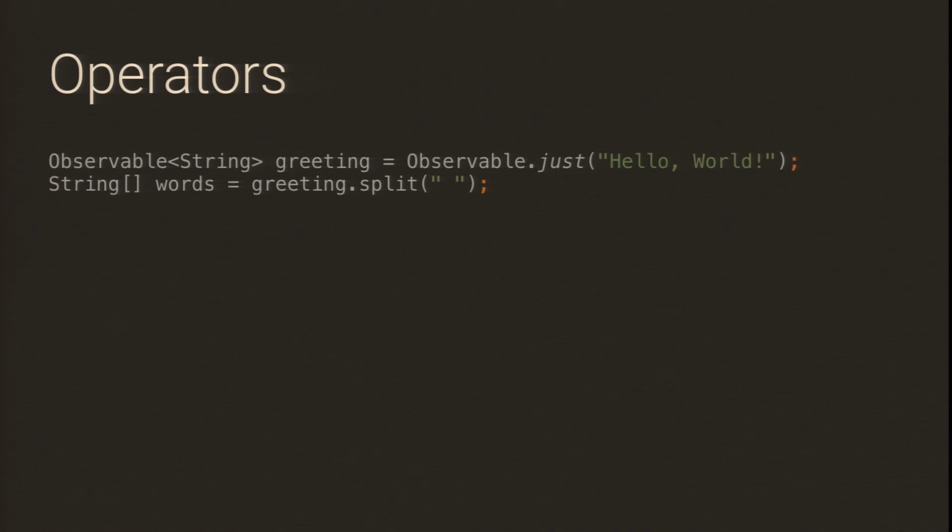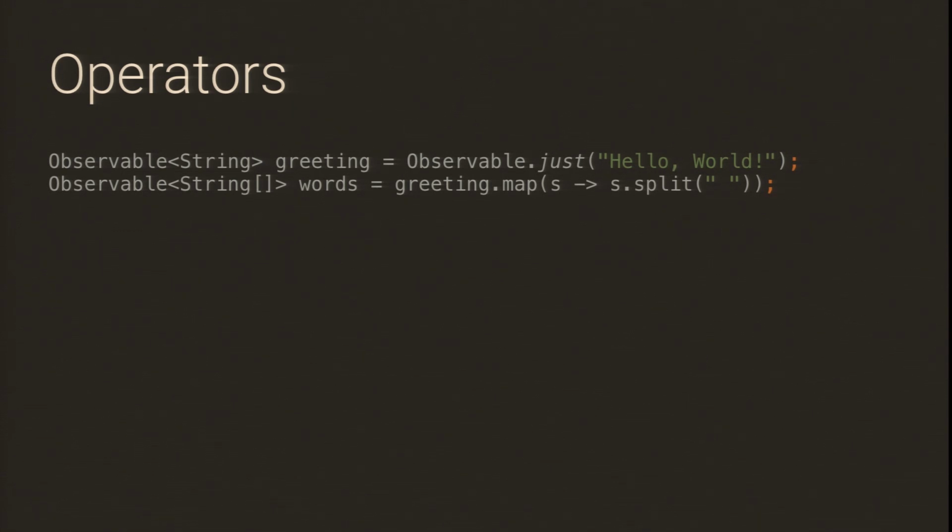In the reactive world, you would have an observable representing a string, and then you could apply the split operation in a map, and you're going to get back an observable of a single item, in this case an array, and that array has 2 elements inside of it. This may be what you want, but in this case, I'd like to have the individual pieces be individual items in the stream.